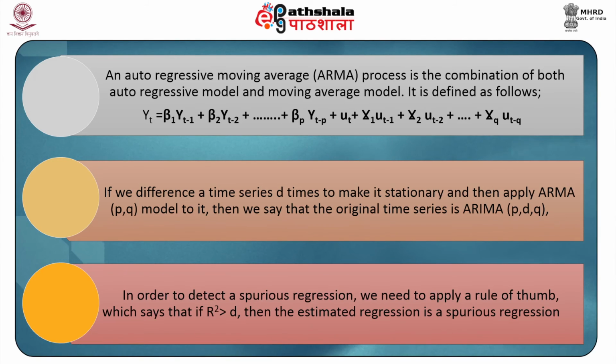I am sure you know we have also tried to explain this, and we have said in this the order of autoregression is p and the order of moving average is q. That is why we call it of the order pq.